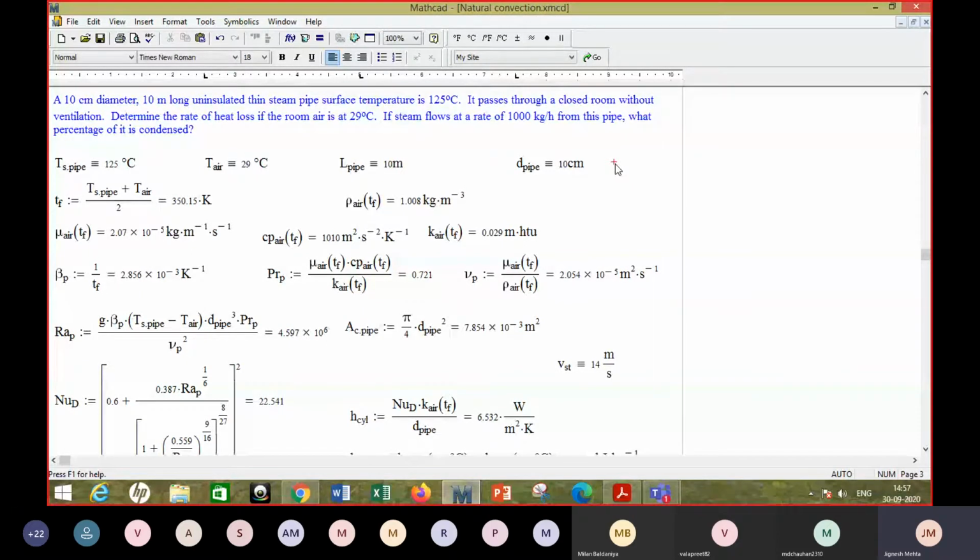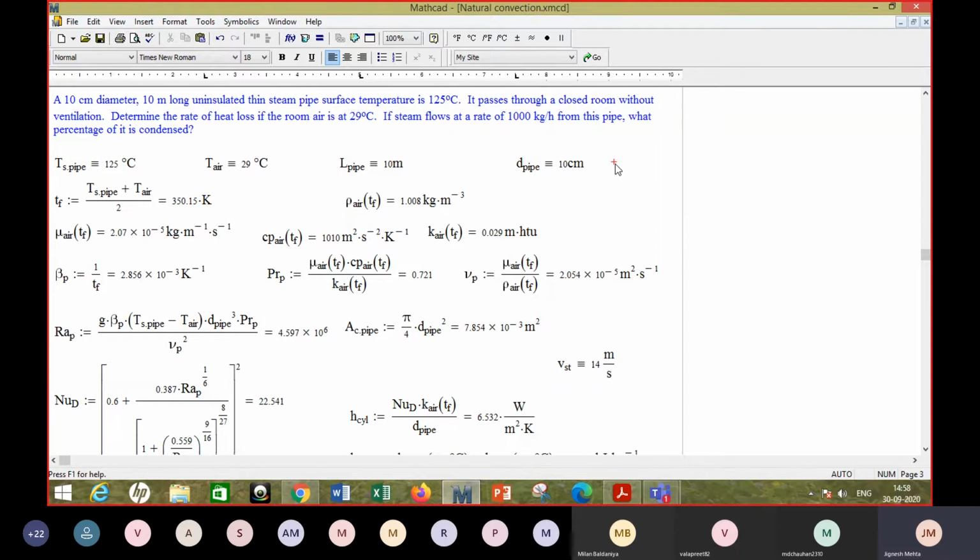Okay, so surface temperature of the pipe is 125, the temperature of the air is 29, length of the pipe is 10 meters, diameter of pipe is 10 centimeter or 0.1 meter, and you want to get the properties of air.